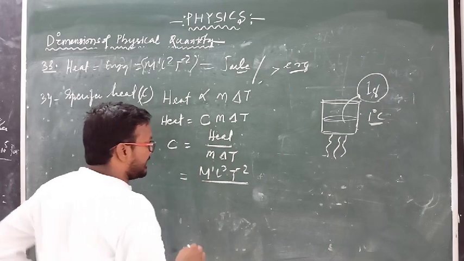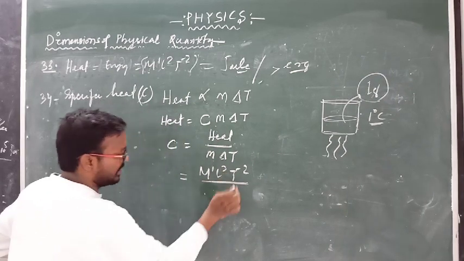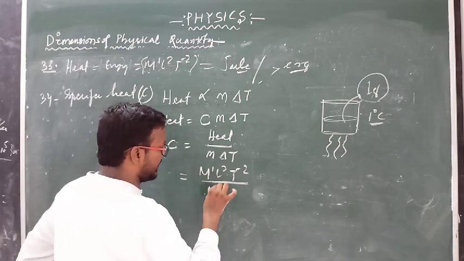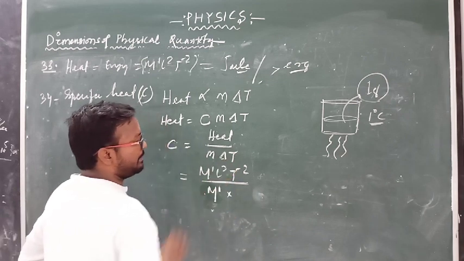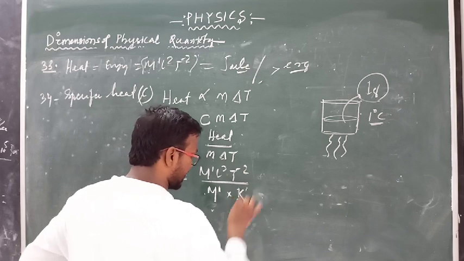So we can write here for the SI system, that is kg. Sorry, we have to write dimension here. So it's M1 into temperature. Temperature's unit is Kelvin, so we can write K1.